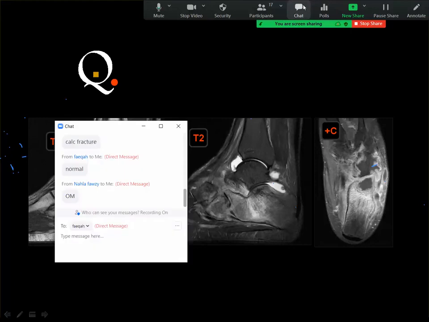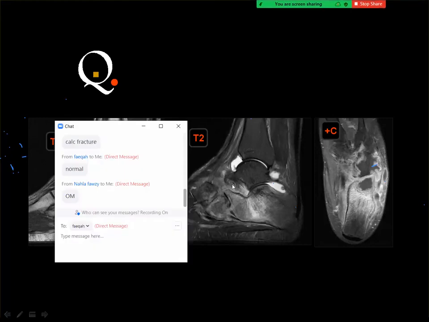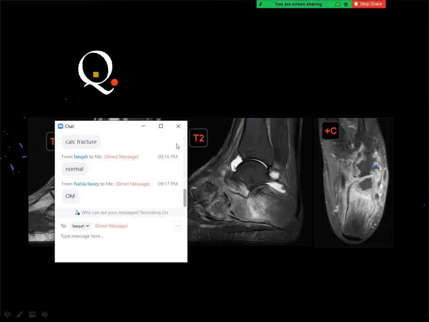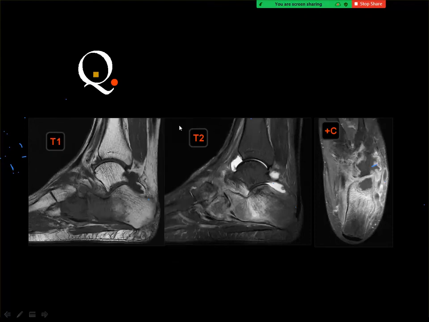Okay. Osteomyelitis, good answer. Any other possibilities? All right. Then what you see here is bone marrow edema of the calcaneus and the cuboid bone.